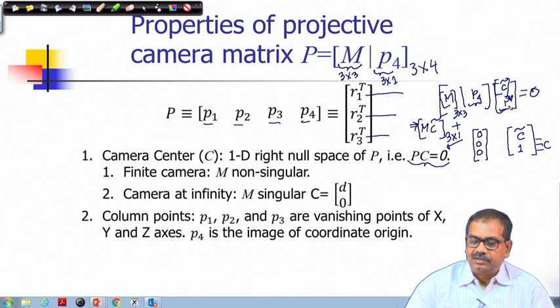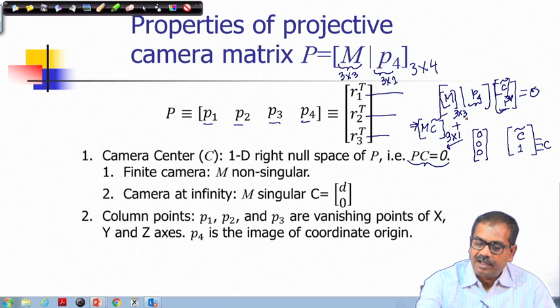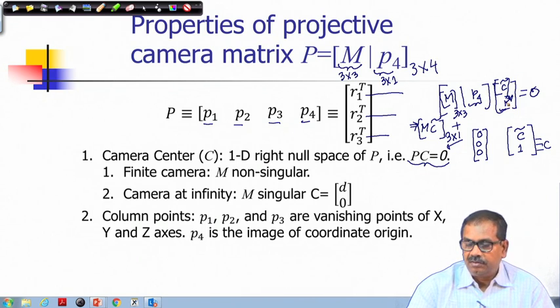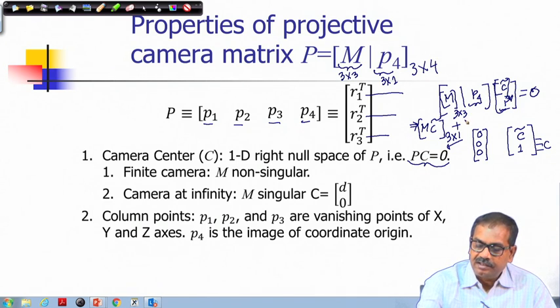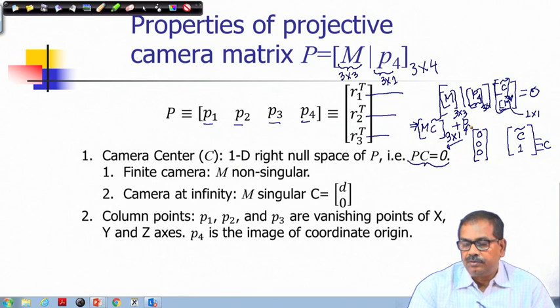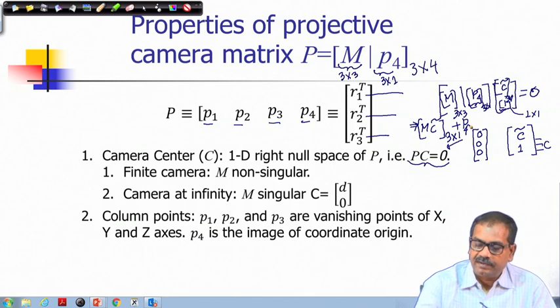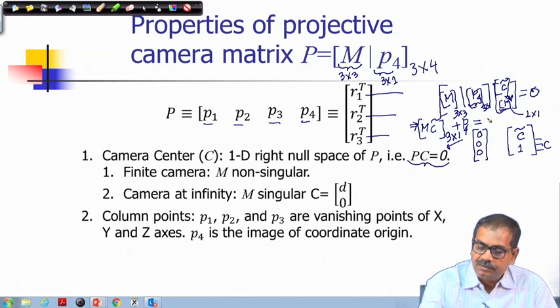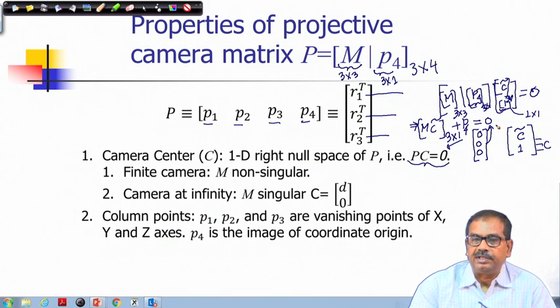So I multiply M with C tilde, plus P4 with 1. P4 has dimension 3 cross 1 and 1 is a scalar of dimension 1 cross 1, so I can simply write P4, a 3 cross 1 matrix, and the multiplication is valid. This should equal 0, which is also a 3 cross 1 column vector.